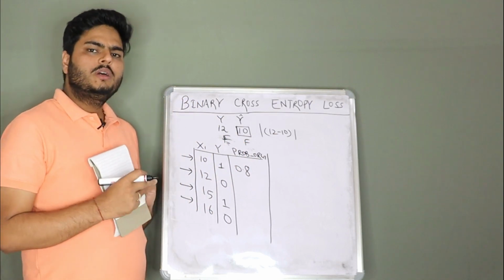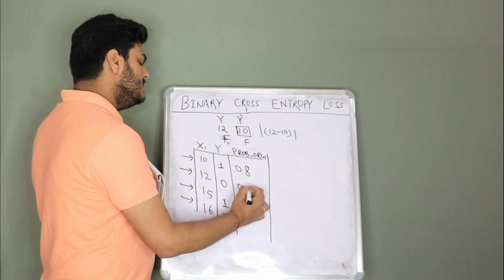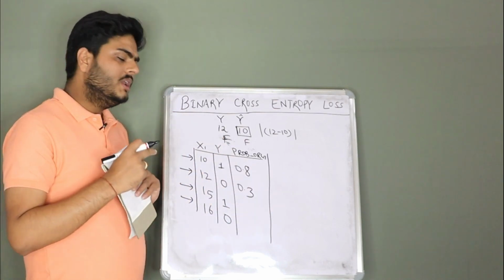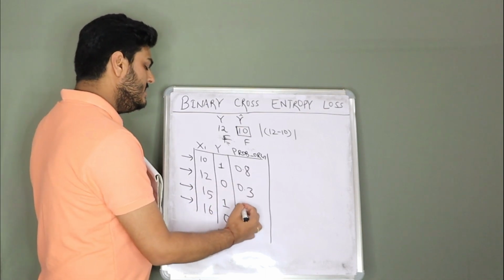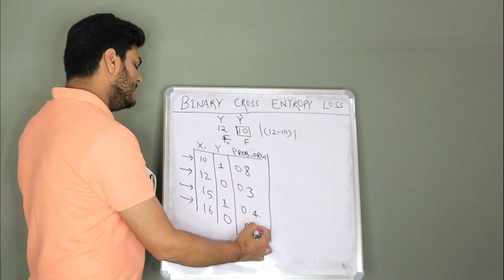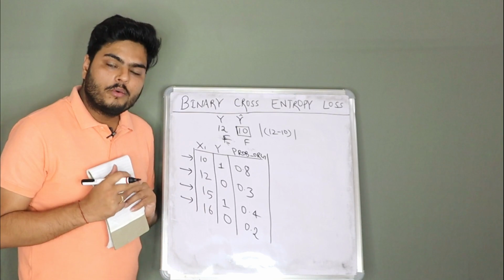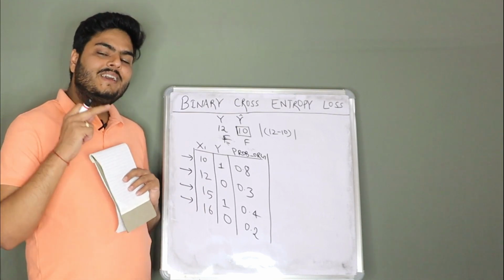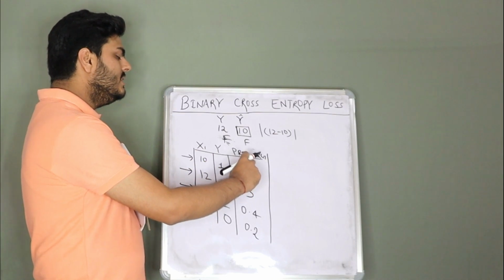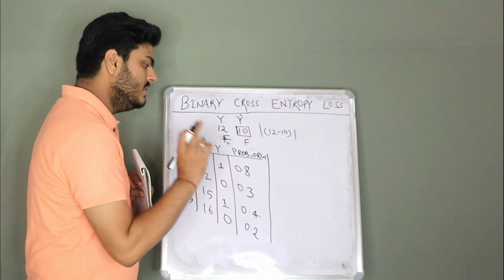For your second row, it is let's say 0.3. Your third row, 0.4, and the fourth row, 0.2. This is the probability value of your model saying that each row will fall in class 1.